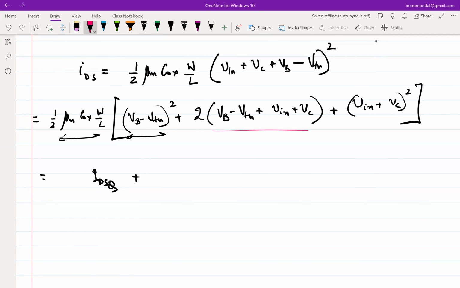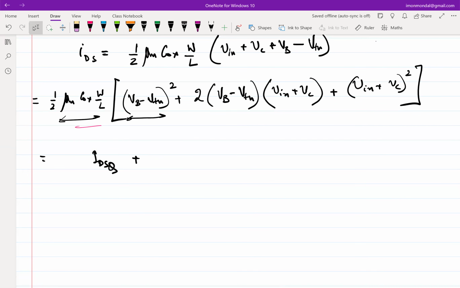This term, when it comes out, gives you, sorry, this is a multiplication, right? Why did I write this? Okay, pay attention. Call me out, basically. So this term gives you mu n C ox W over L, VB minus VTH times V in plus VC.